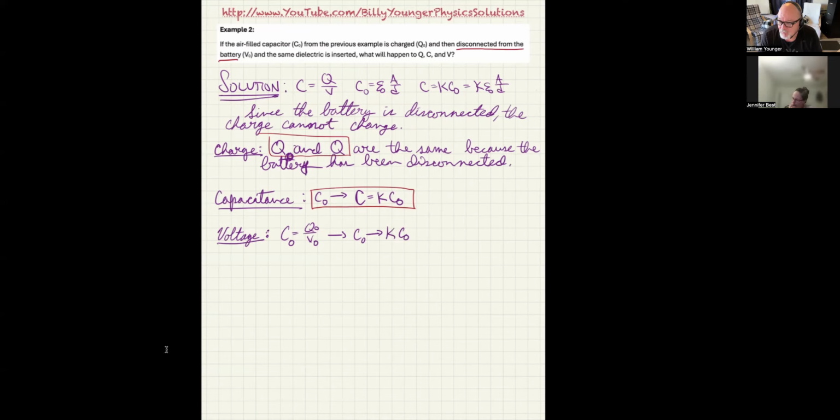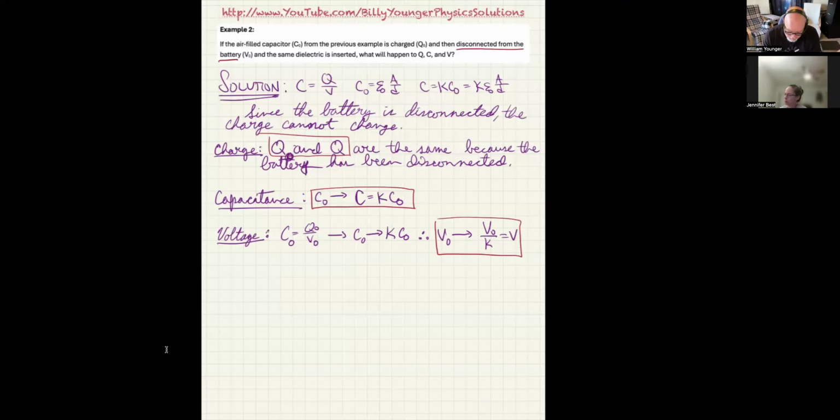And if we did, we'd want the V0 to change so that the K would become part of the numerator. So in order to do that, that means, therefore, V0 is going to go to V0 over K, which is equal to the new V. So that's what actually happens, and that's the answer to this. Does that make sense? Okay.